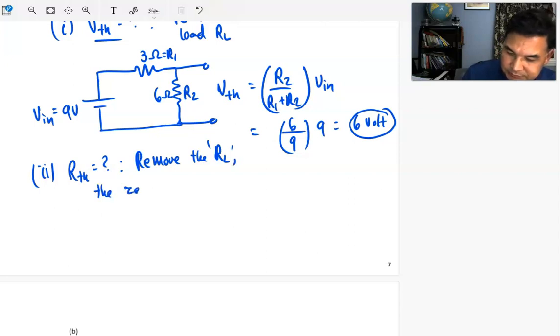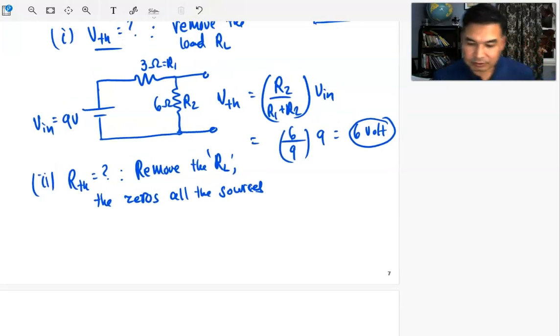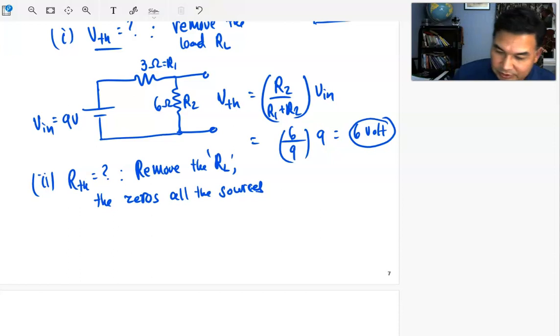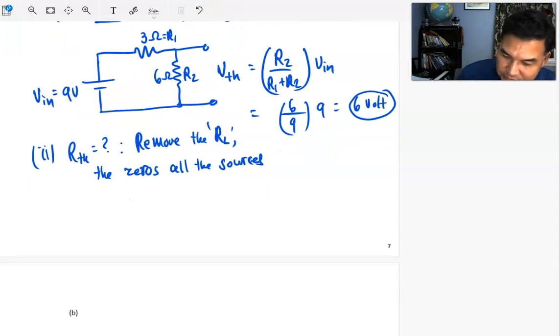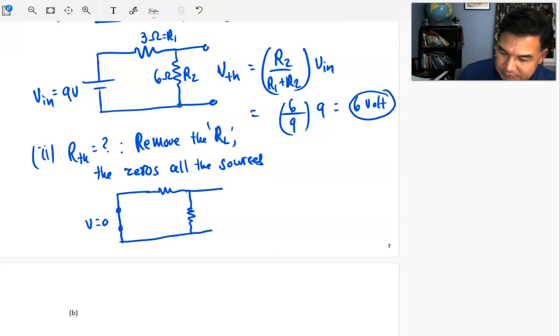Zero all the power sources. Here in this example you only have a voltage source, so you just put a conductor across it, make it a short circuit, so that the voltage becomes zero.